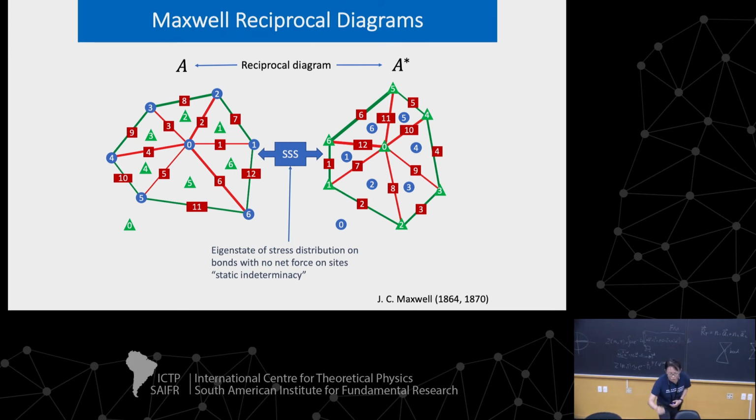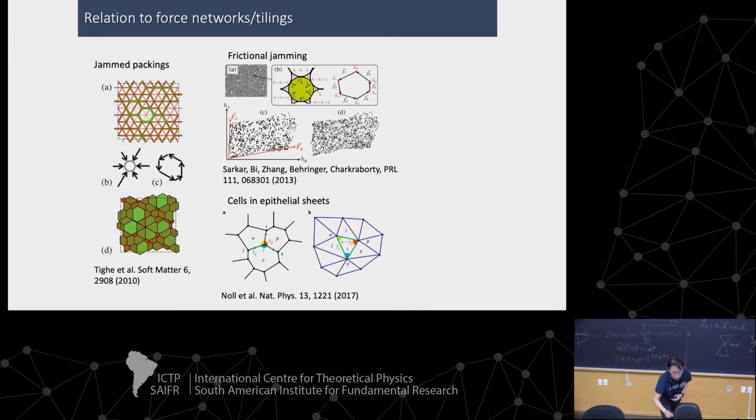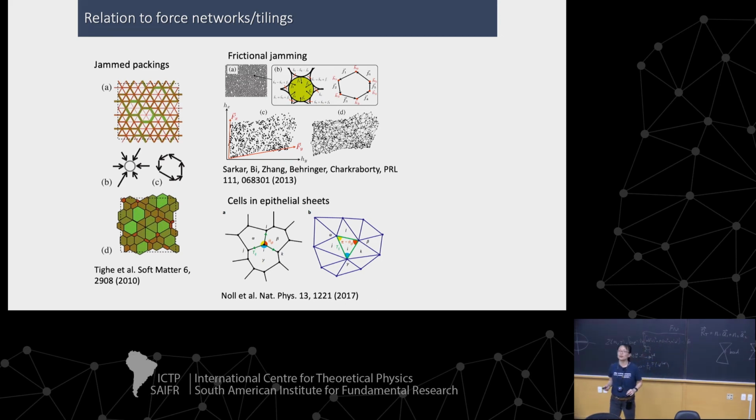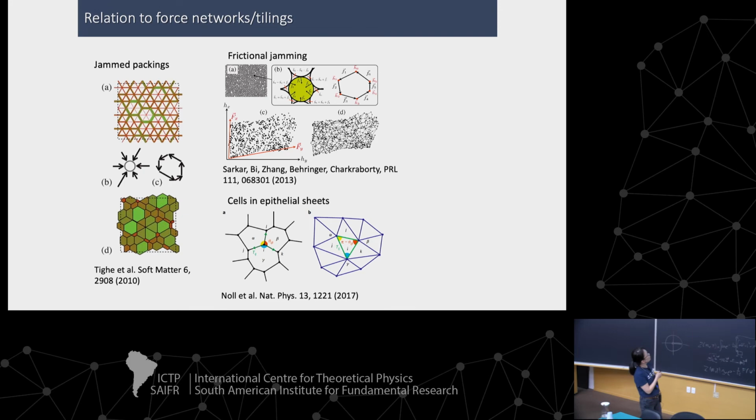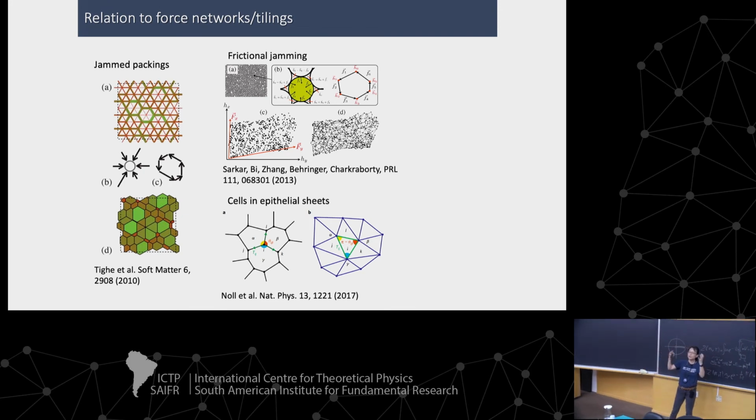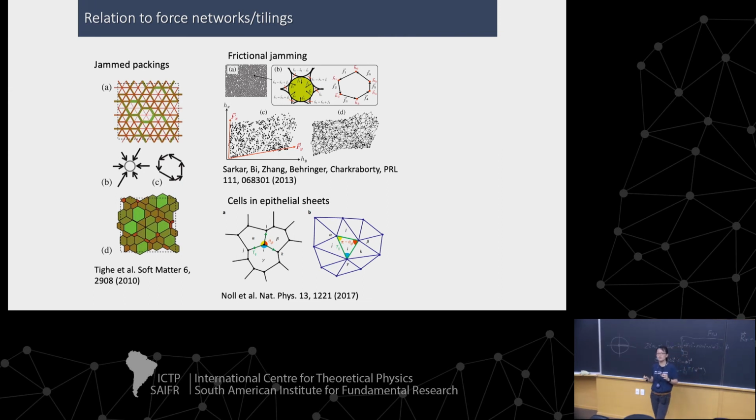And this is actually a concept that has been used for a while in soft matter physics to study disordered networks. The first paper I know is this paper here, where basically the argument is the following. When you have a granular packing, there can be multiple states of self-stress. If it is an over-constrained system, you have multiple states of self-stress.